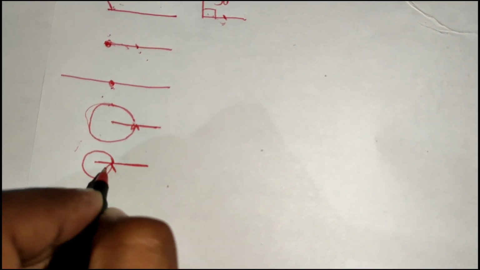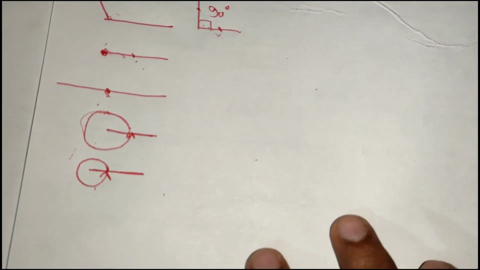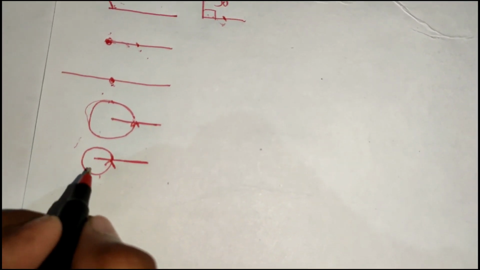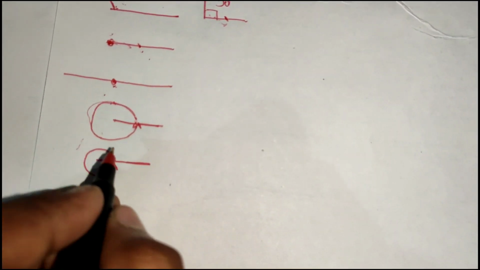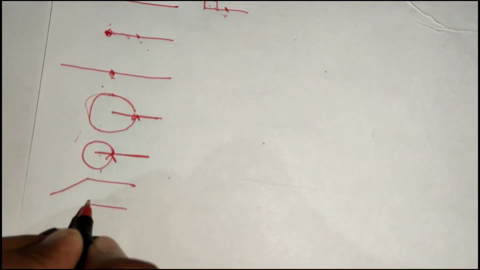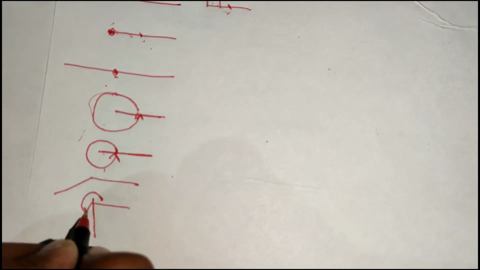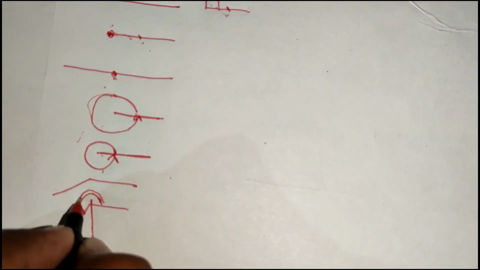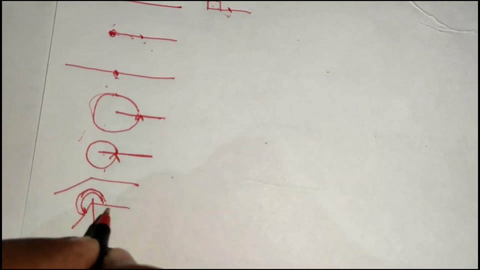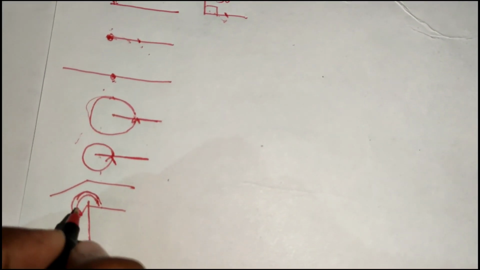So this is our full angle or 360 degrees. So the reflex angle lies somewhere between the straight angle and the full angle. So it would be like this, like this, like this. Anyway, just keep in mind that the sense would be from this to this, not this. So the reflex angle is greater than 180 and less than 360 degrees.